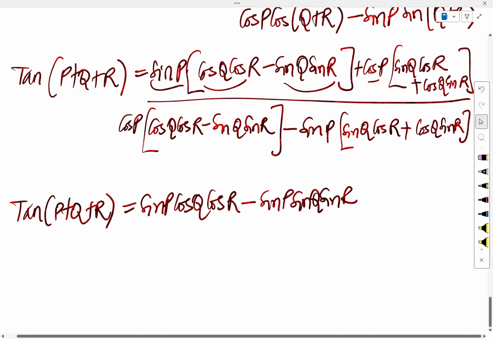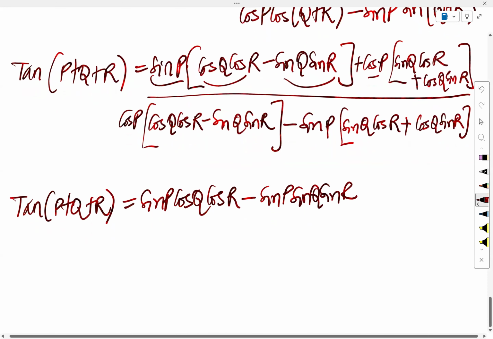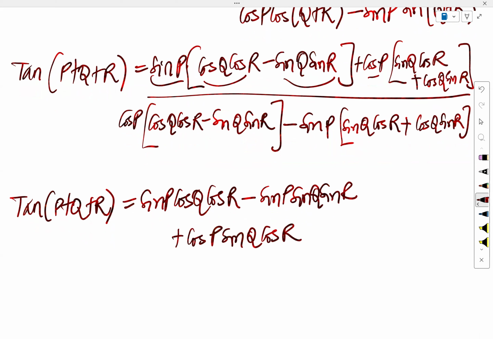Then I want to bring this other side down. So cos P going that way. So you have a plus cos P sine Q cos R. And then the other part now, don't make the mistake. This is just something under. So cos P now.